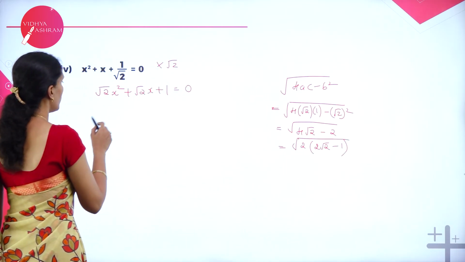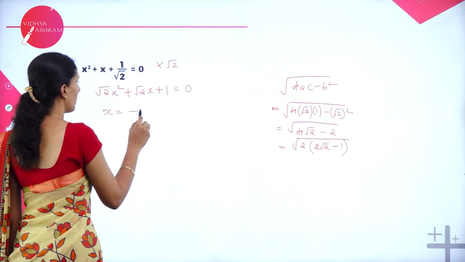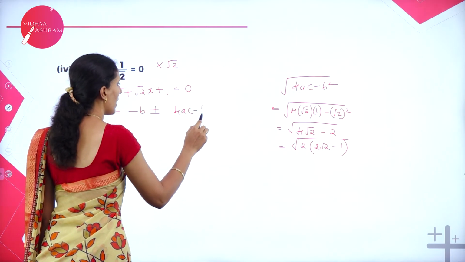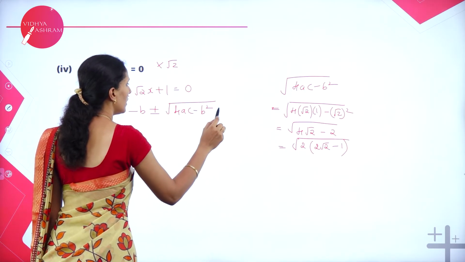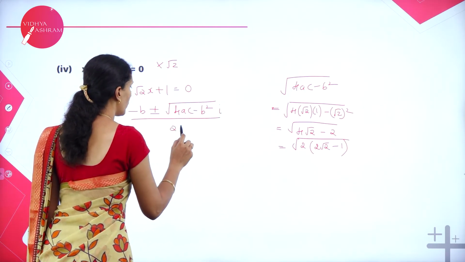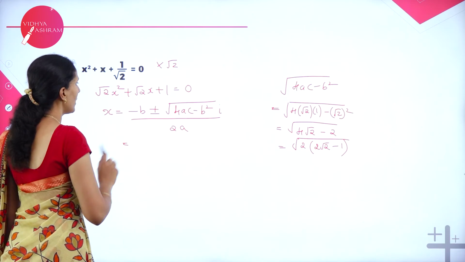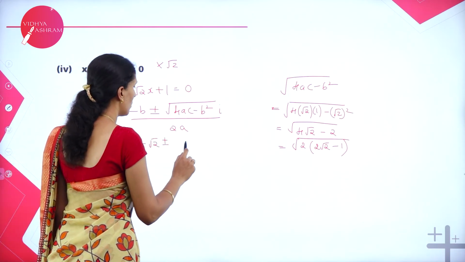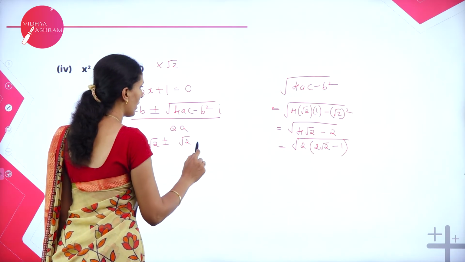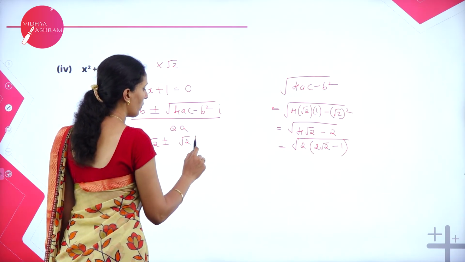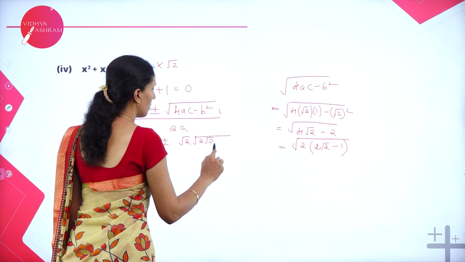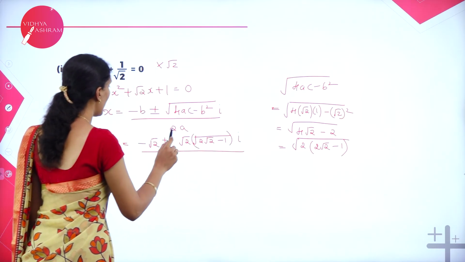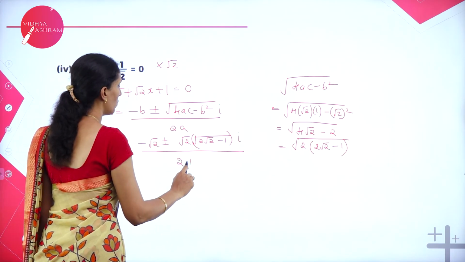So next use the formula x is equal to minus b plus or minus root of 4ac minus b square into i divided by 2a. So it is minus of minus b, that is minus root 2, plus or minus root 2, and you can write this with a common factor under the square root, 2 root 2 minus 1 into i, divided by, again here, 2 into root 2.